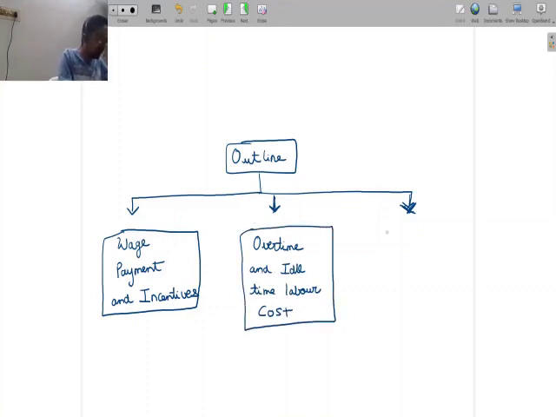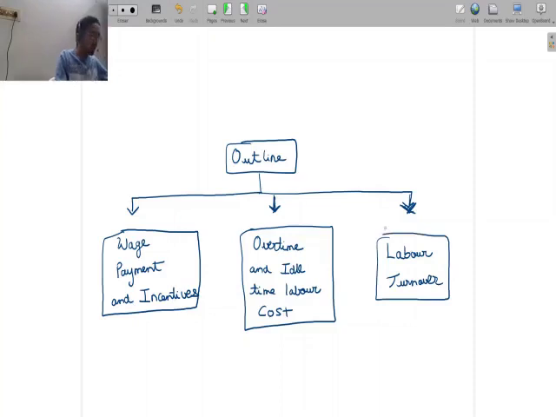And the third topic in this, the third subtopic I would say, is called as labor turnover. So we can broadly categorize this entire chapter into three parts. The first part is on wage payment and incentives. The second part is on overtime and idle time labor, and the third is on labor turnover.